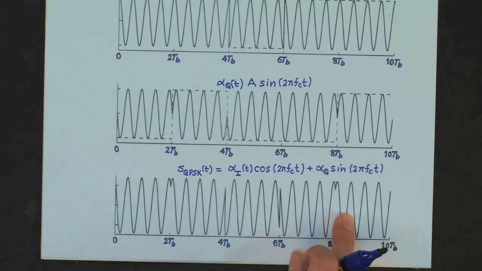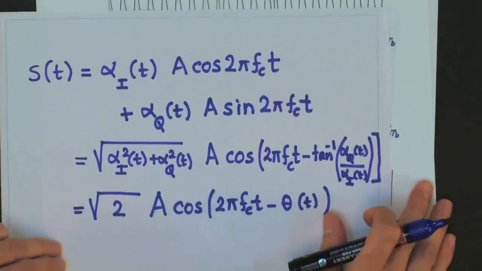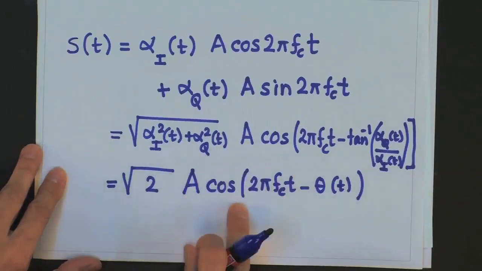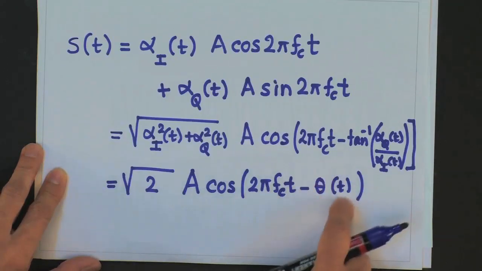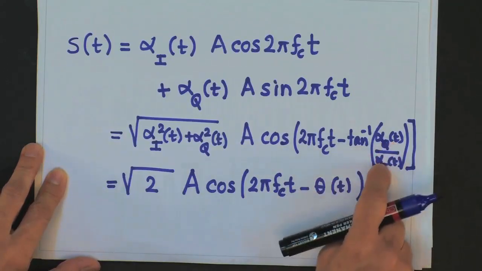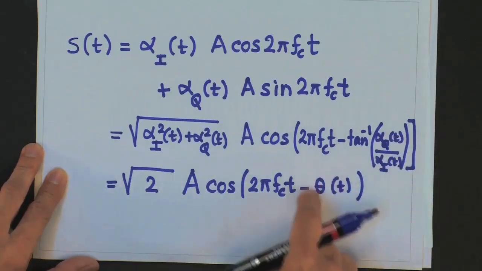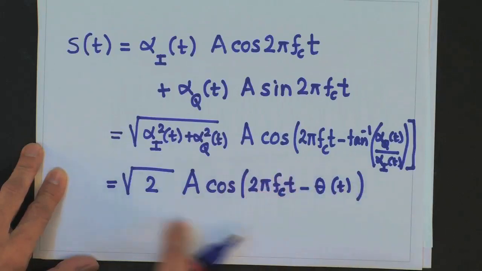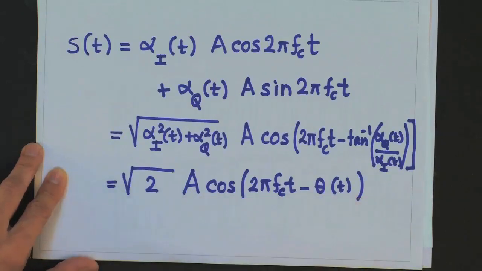So, now from this equation it is clear that the transmitted signal is a QPSK signal and depends upon the specific even and odd quadrature bits which select the phase theta(t) of the sinusoidal carrier root 2 A cos(2 pi f_c t minus theta(t)).